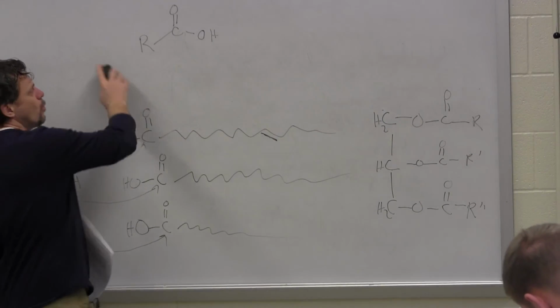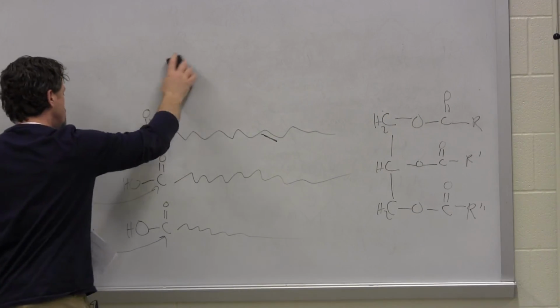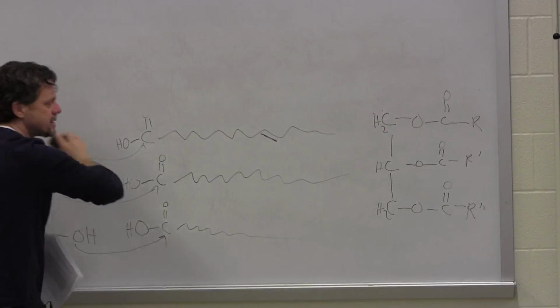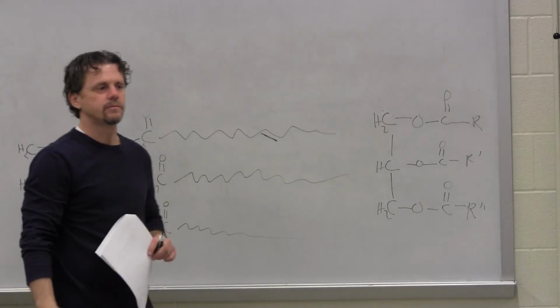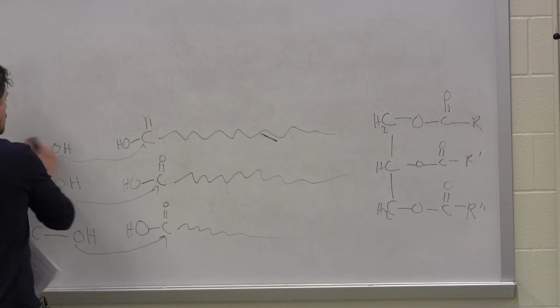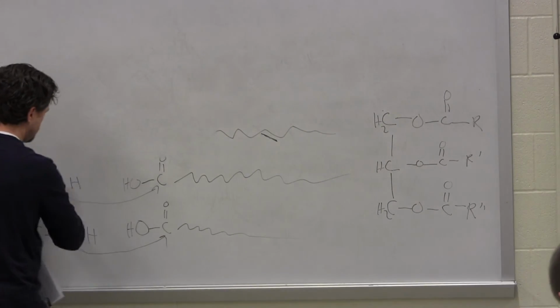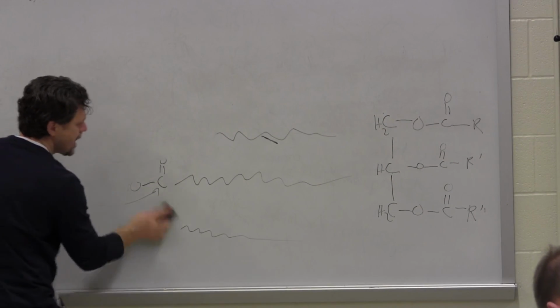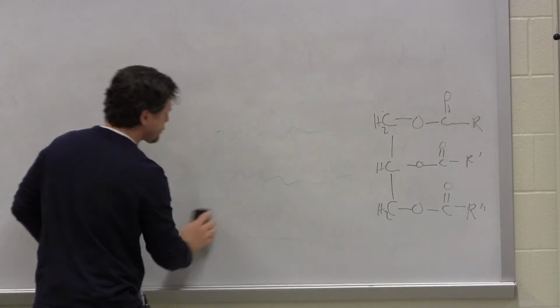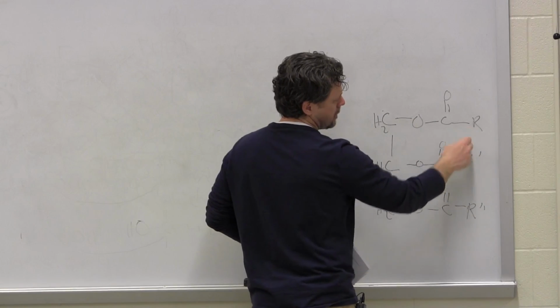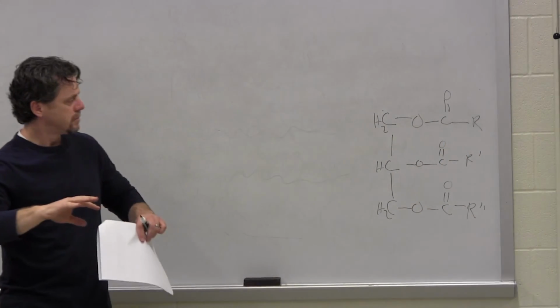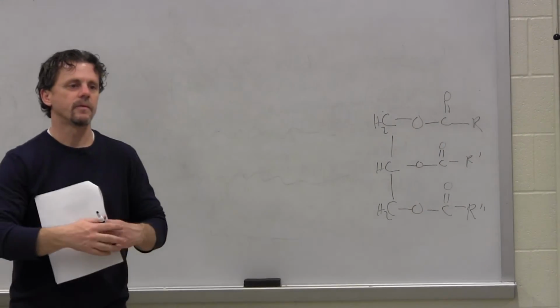But there's one oil that has an appreciable amount of completely saturated side chains, and that's coconut oil. Coconut oil has these C8 and C10 R groups that are completely saturated.